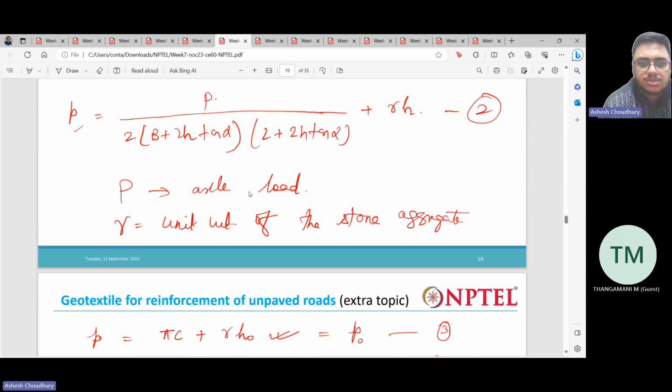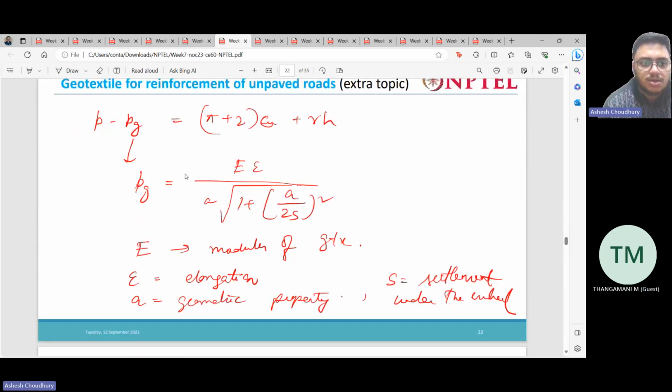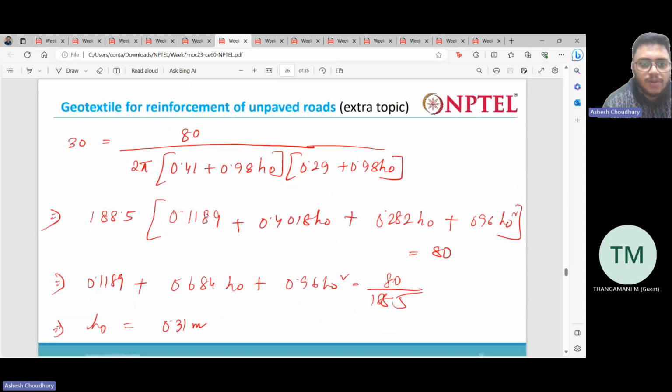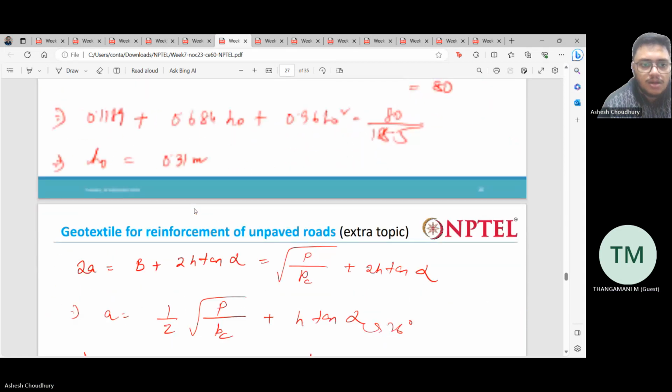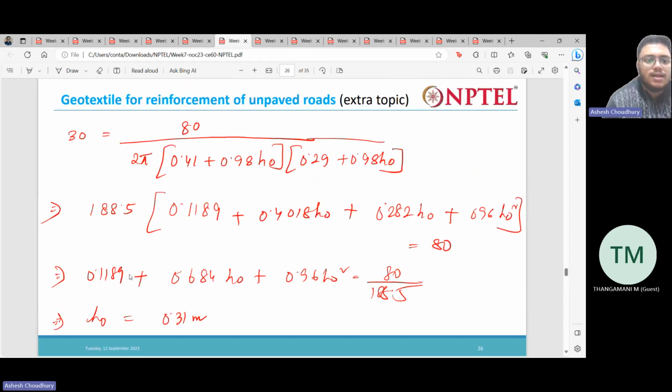We discussed all these things and how to calculate them, and I won't go into detail. Then we solved a problem. Here you can see that without any reinforcement, we had to provide an aggregate thickness of 0.31 meters.